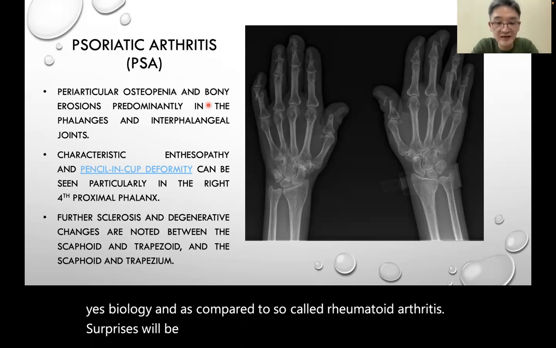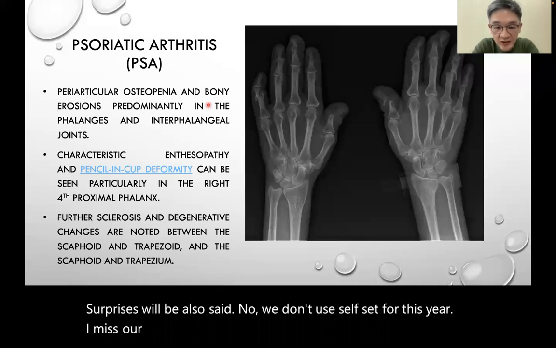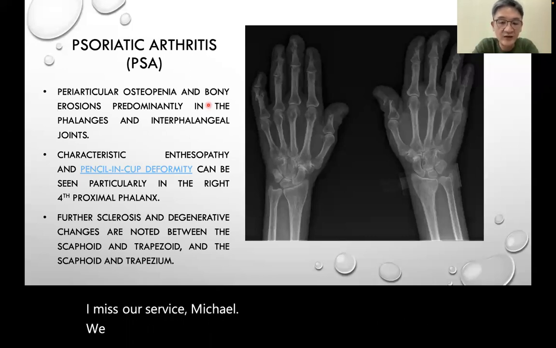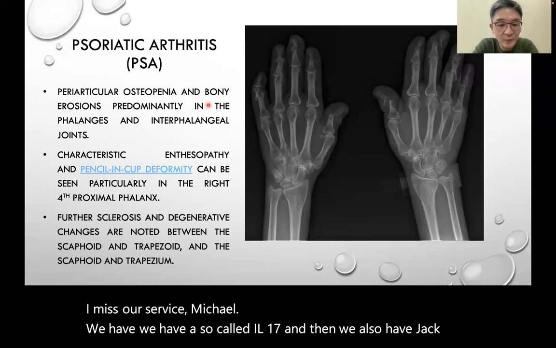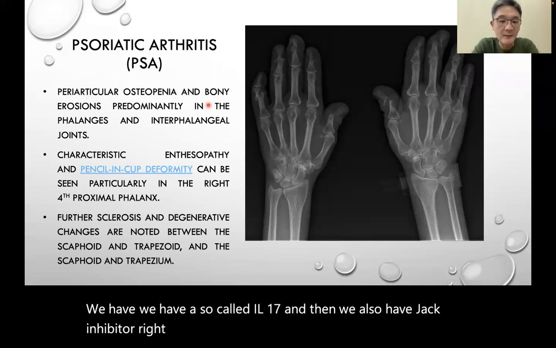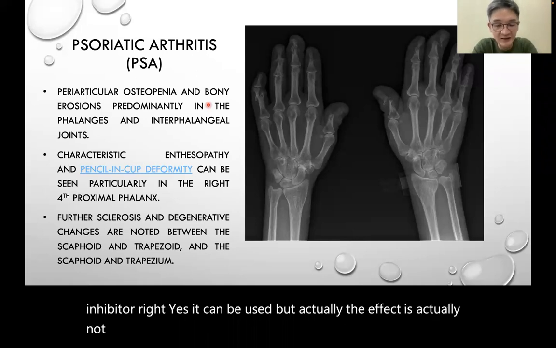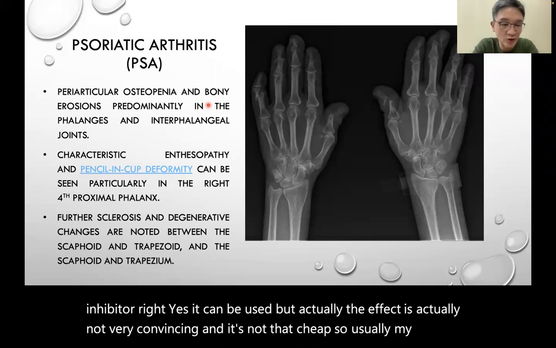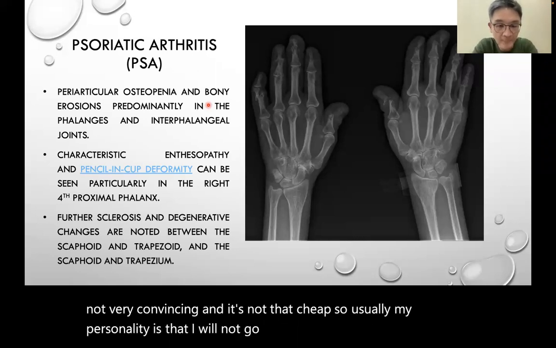No, we don't use Cellcept for psoriatic arthritis. Cellcept is mycophenolate mofetil. For biologics, we have anti-TNF, IL-17 inhibitors, and JAK inhibitors. Arava, leflunomide, can be used, but the effect is not very convincing and it's not that cheap. My personal take is that I will not go to Arava or leflunomide.